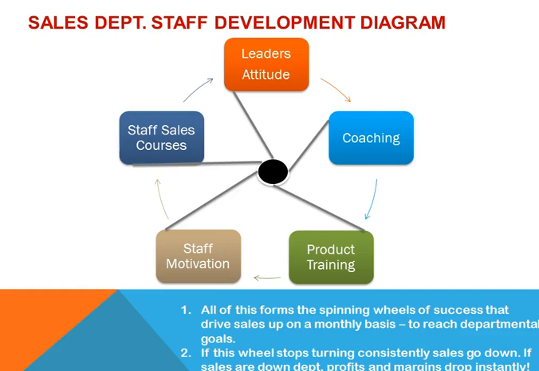Basically, if the wheel stops turning consistently, sales will go down. If sales are down, the department profits and margins will drop instantly. This means the company is unable to meet its bottom line: salaries, electricity, commissions, water, rental, or all other expenses that the company must meet on a monthly basis.